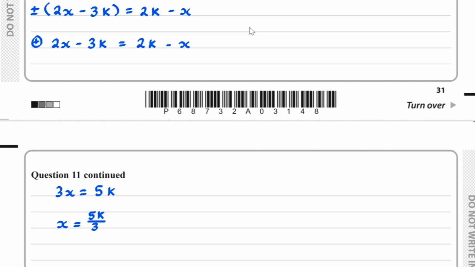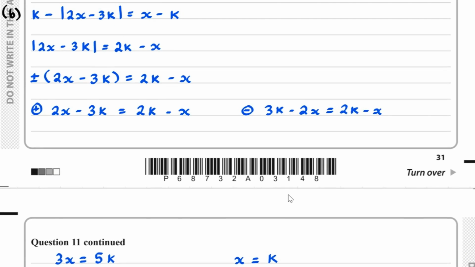That's one of the solutions. And if we deal with the negative, we've got 3k minus 2x equals 2k minus x. Adding 2x to both sides, and then if I subtract 2k from both sides, we have x equals k.